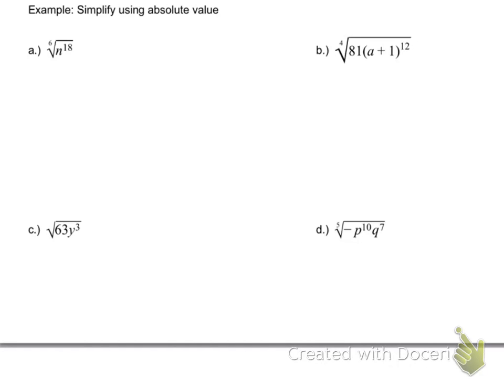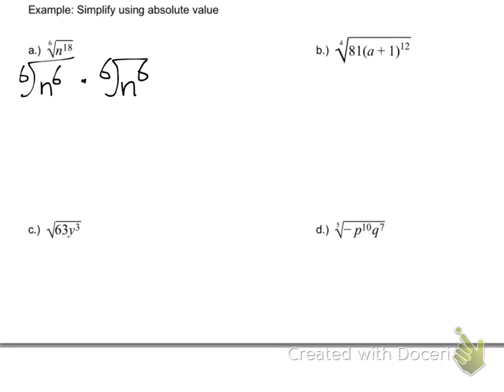If I wanted to write n to the 6th power but have the 6th root on it, those would cancel each other and leave me with n. But that only accounts for how many n's? 6. I have to account for 18 of them. So isn't that the same thing as doing it again?